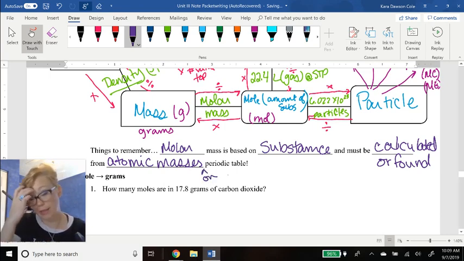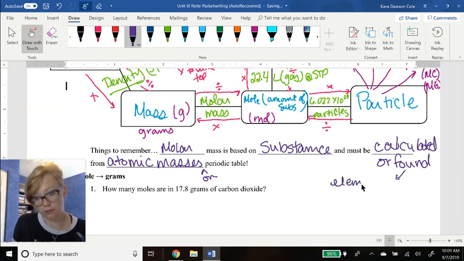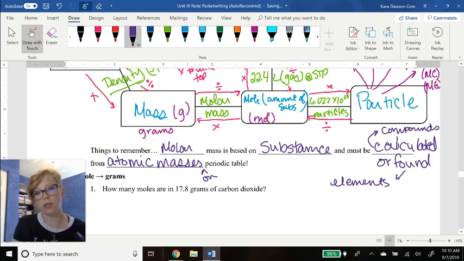I'm going to find them if they're elements, and I'm going to calculate them if they're compounds. Okay, so let's look at an example here.